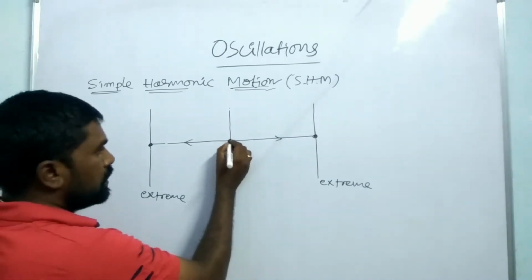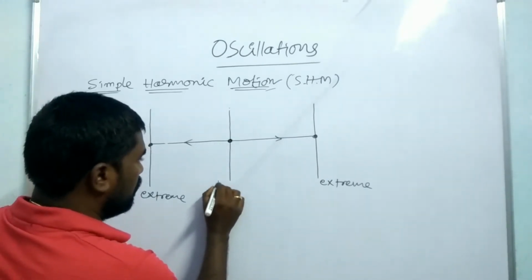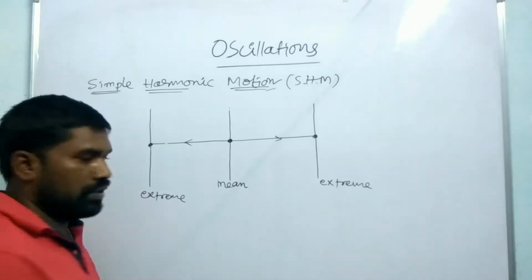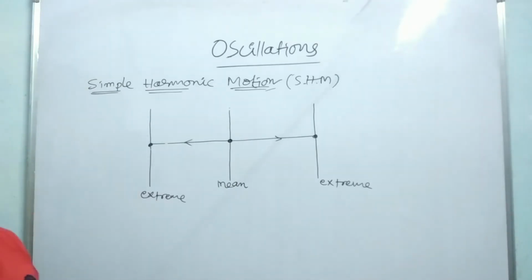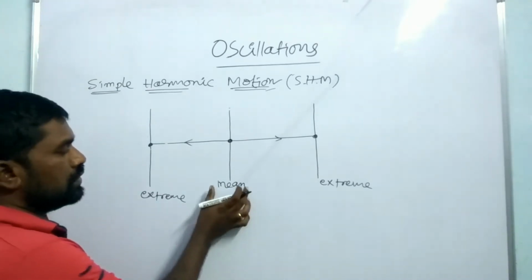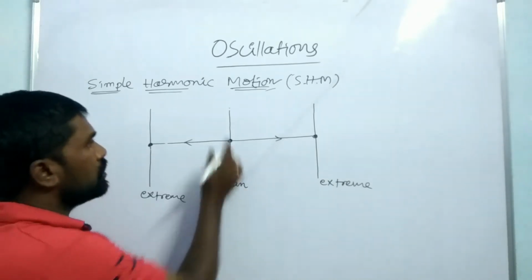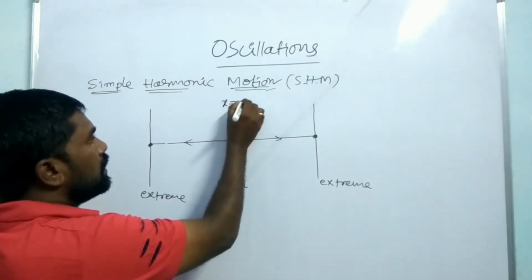So this is the mean position. The position of the particle at the mean position is nothing but equilibrium. At the equilibrium point, or the mean position, the displacement of the particle is zero.